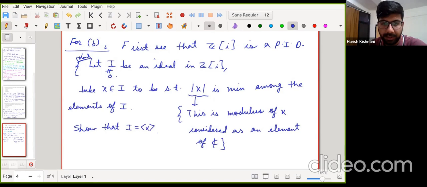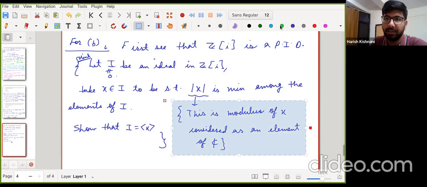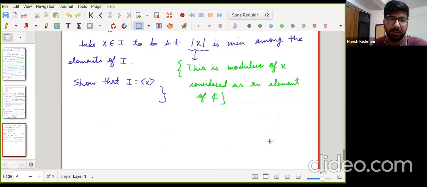So in this way, you can conclude that this is a PID, and once it is a PID, you know that all PIDs are UFDs. Okay, that's also not difficult to see.